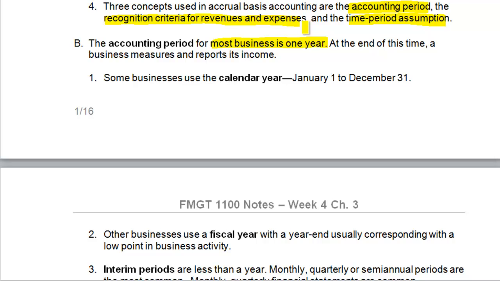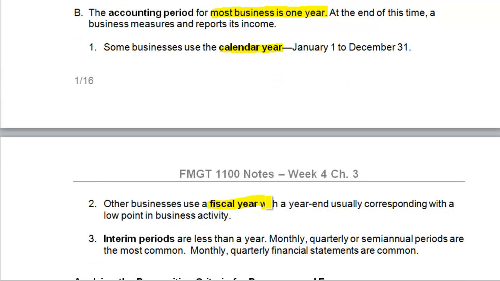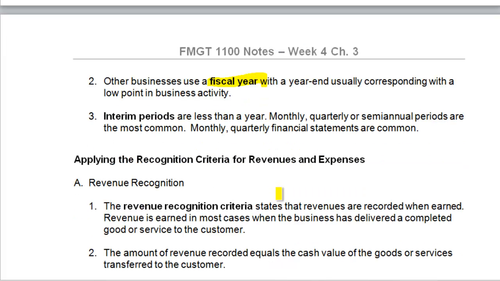So at the end of that time, a business measures and reports its income. Some businesses use the calendar year. Other businesses use what's called a fiscal year, which is simply a 12-month period that can end any time in the year, right? So a business that I own has a year end of June 30th.